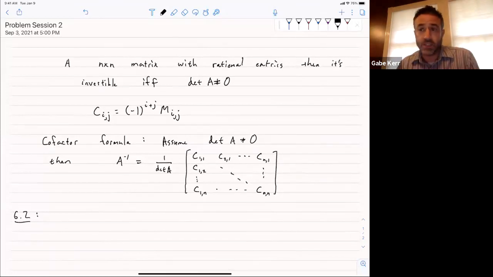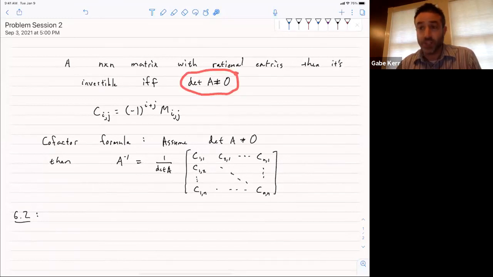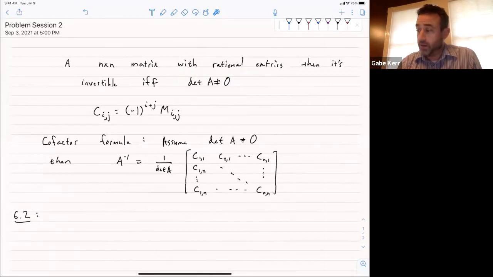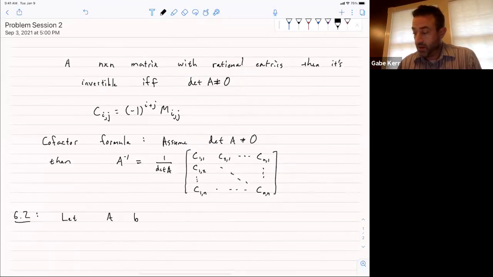This formula applies for rationals, for real numbers, and for complex numbers, so long as the determinant of A is non-zero. Now, to the problem at hand, we're not talking about one of those cases. We're talking about the case where we're dealing with integers. However, as I said, an integer matrix, so let's let A be a matrix with integer entries.